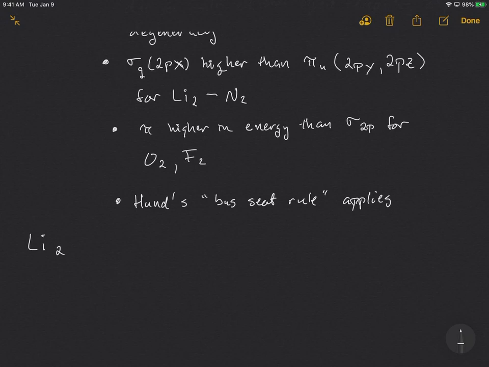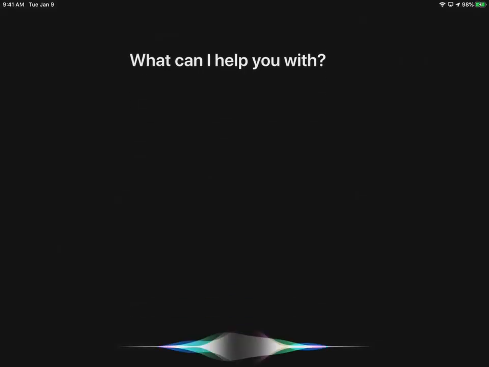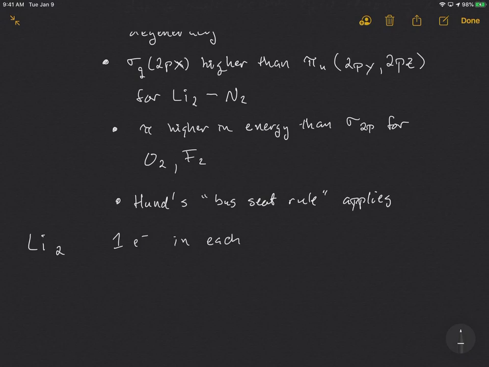It has 1 electron in each 2s orbital, and so it has of course 2 atoms making up the molecule. So it's going to have 2 electrons in sigma g 2s, and it looks like this.